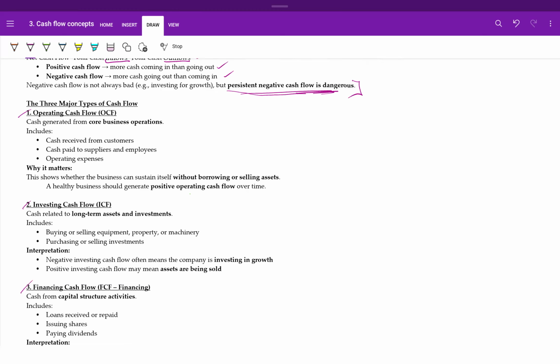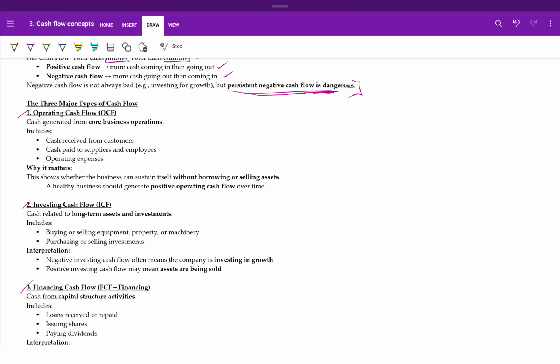Operating cash flow is the cash generated from core business activities, and it includes cash received from customers, and cash paid to suppliers, employees, and for operating expenses. This is important because it shows whether a business can sustain itself without borrowing or selling assets. A healthy business should generate positive operating cash flows over time.